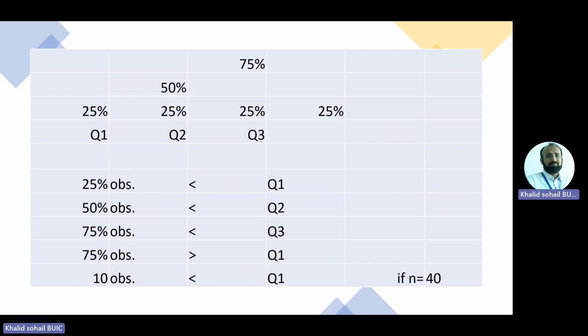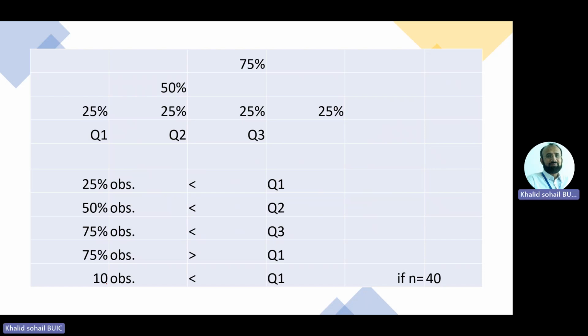And in the same way, for Q3, 75% of the values are less than Q3, or the other way around, we can say that only 25% of the values are greater than Q3. For example, if we have 40 observations in a data set, then its 25% is 10. So 10 observations are less than Q1.